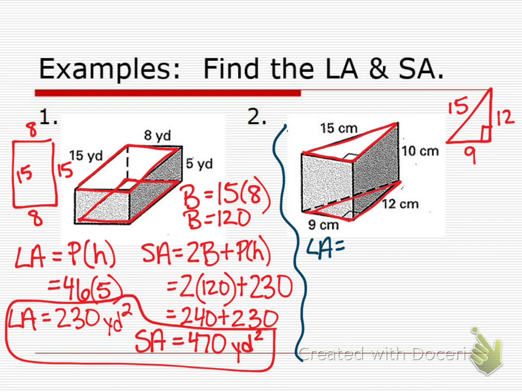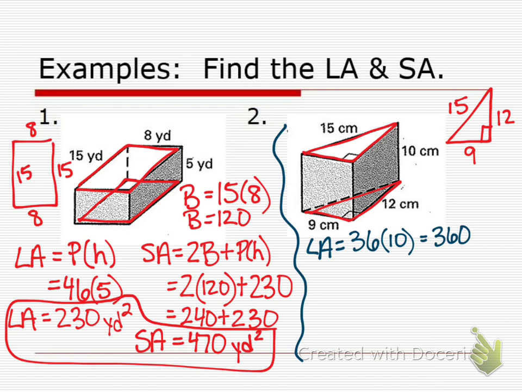To find the perimeter, what am I going to do? Add up all the sides. What do I get? 36. So we're going to take 36 times H, the height of the prism, 10. Good, so our lateral area is 360.